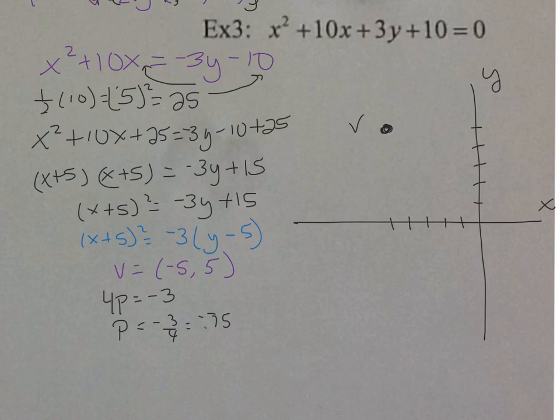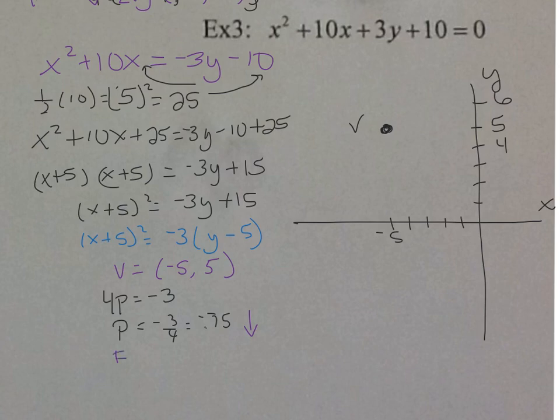Okay, so now let's find our focus. Our focus, remember, is coming from the vertex. Notice this is my p-value. My p-value is negative 0.75. That means I'm going down 0.75.